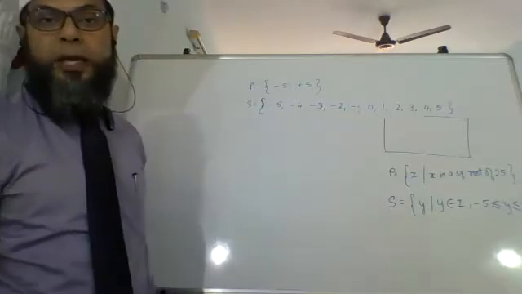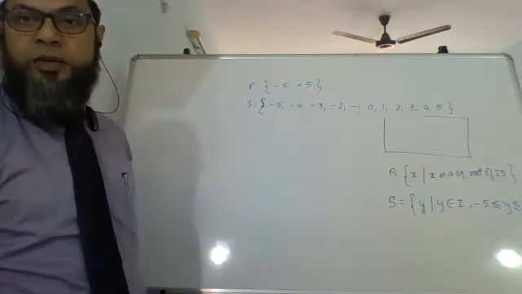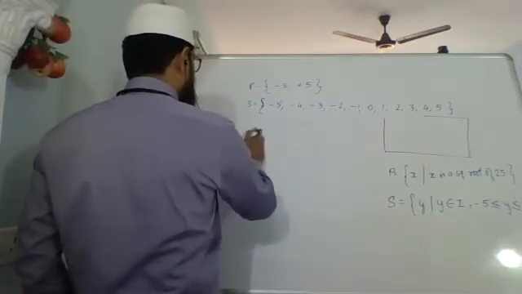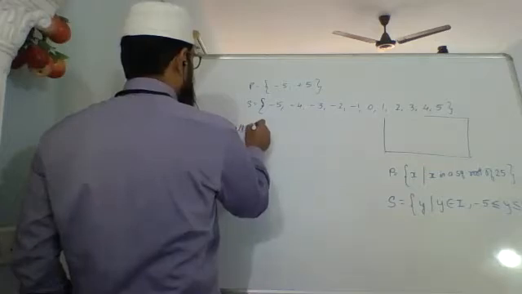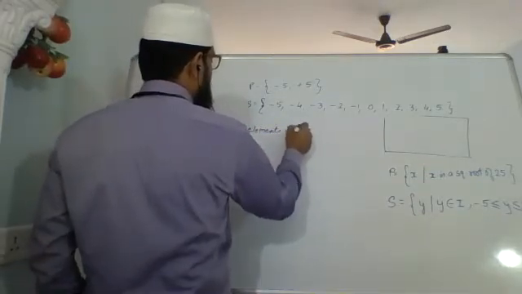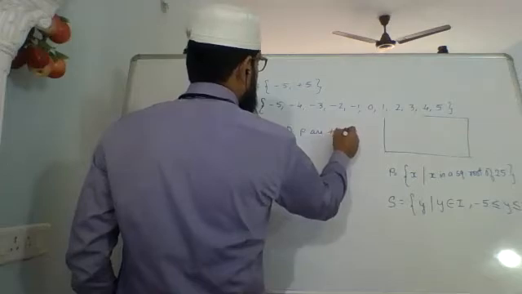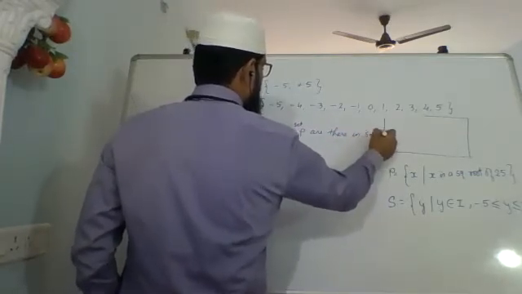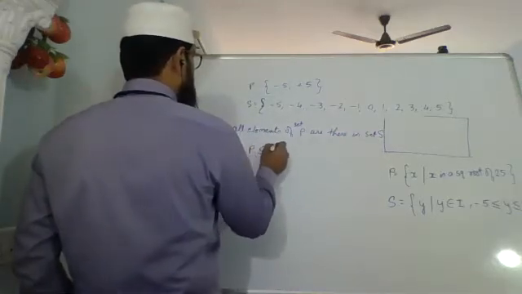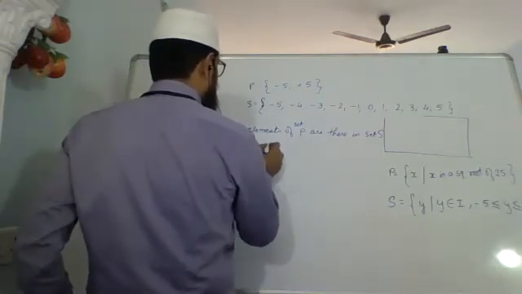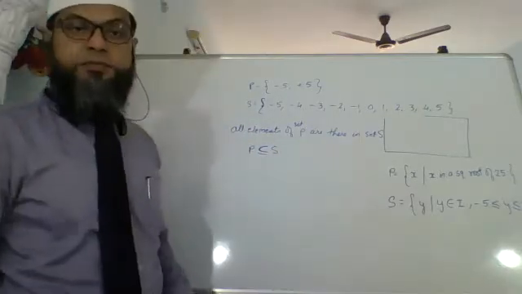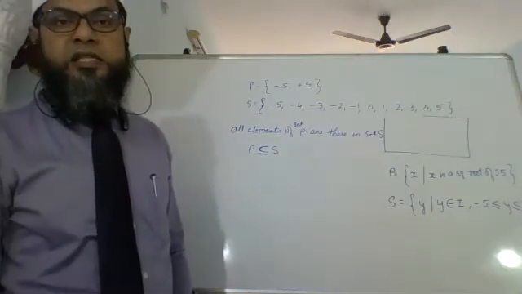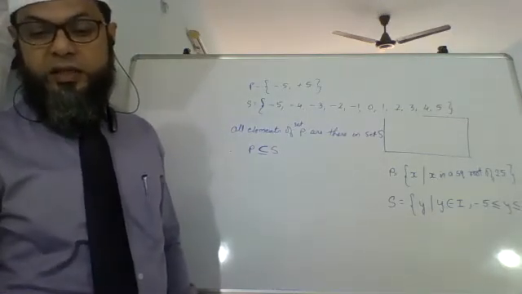So all elements of P are there in S. Therefore, all elements of set P are there in set S. Therefore, P is a subset of S. Till here clear?